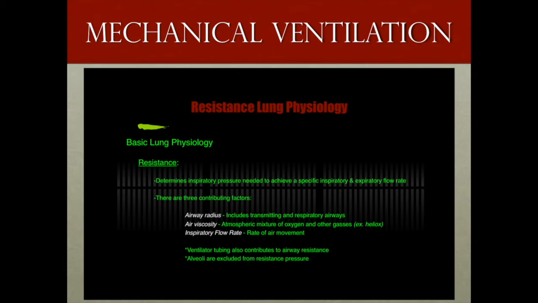Some patients will be treated with Heliox, which is a mixture of helium and oxygen. Keep in mind, room air is mainly nitrogen, and nitrogen and oxygen are relatively close on the periodic table. Helium, however, is a much smaller molecule, and when mixed with oxygen will lower the viscosity significantly.